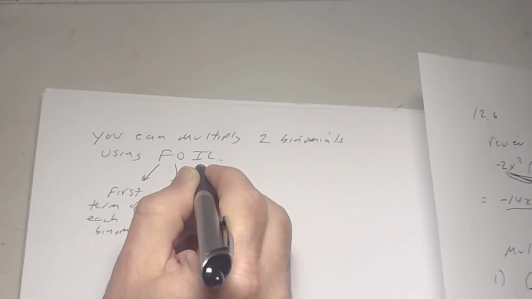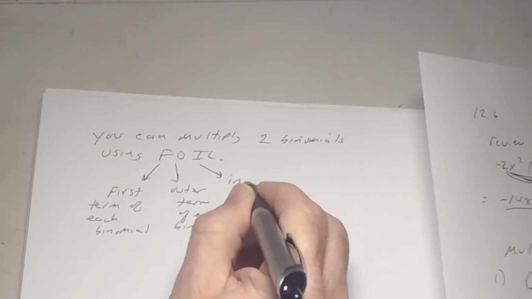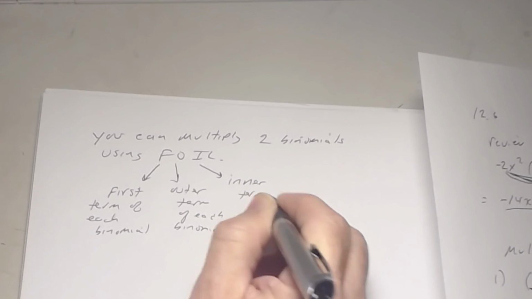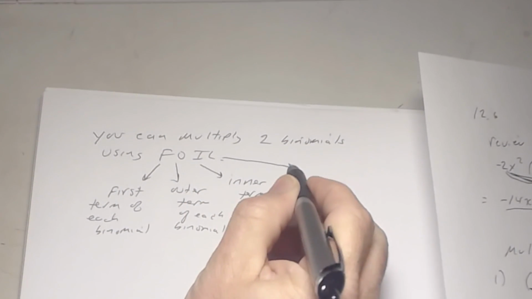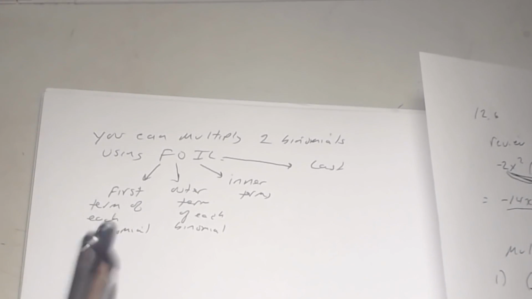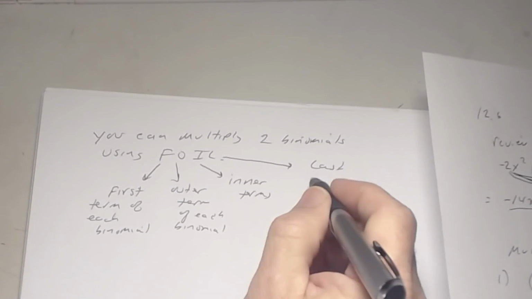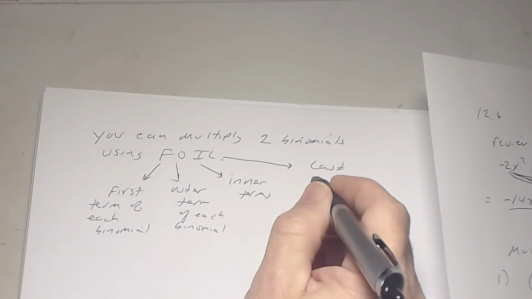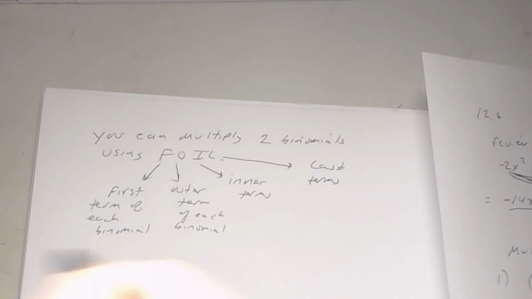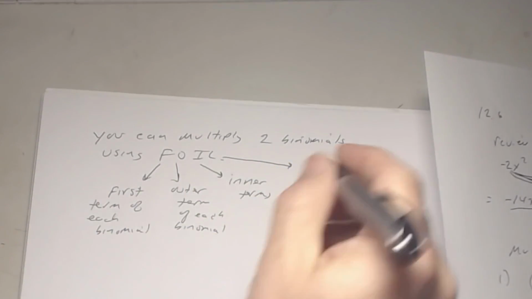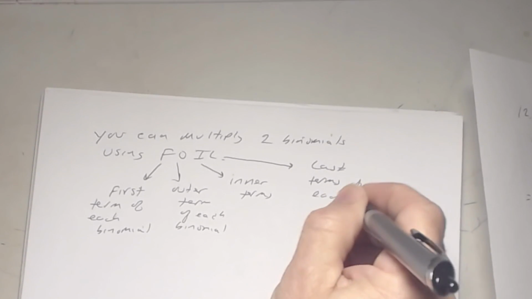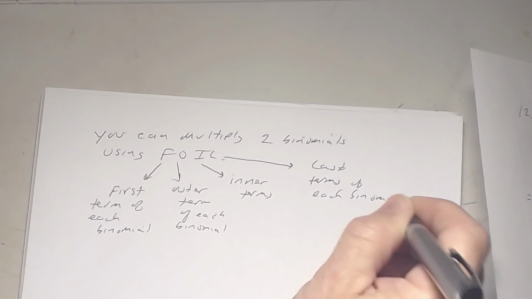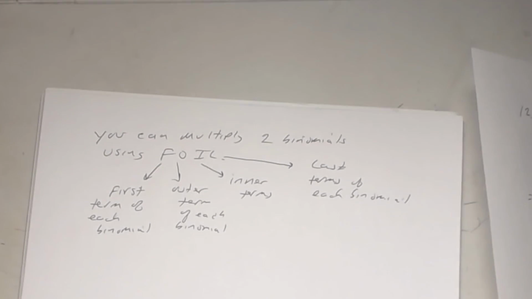The I stands for inner, so the inner terms. And the L stands for last, so first, outer, inner, last. And that will be the last term, the last terms. The last term of each binomial. Okay, it's very simple. It's a very simple process.